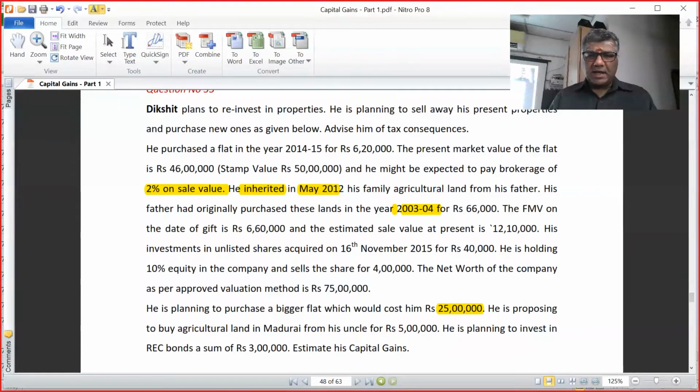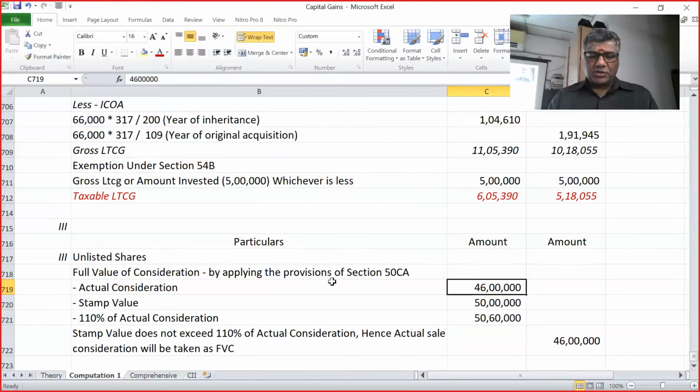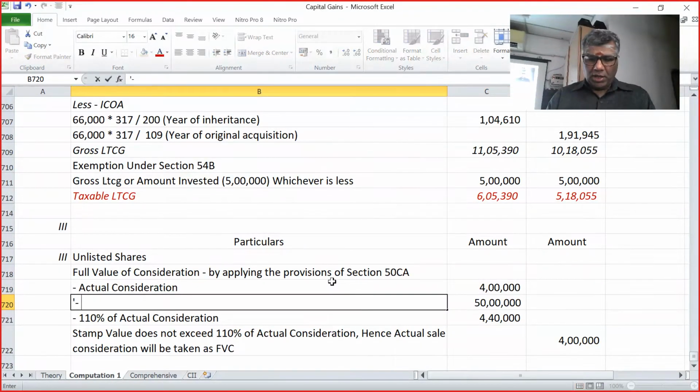Actual consideration 4 lakhs. FMV, fair market value on the date of transfer, computed on a proportionate basis.